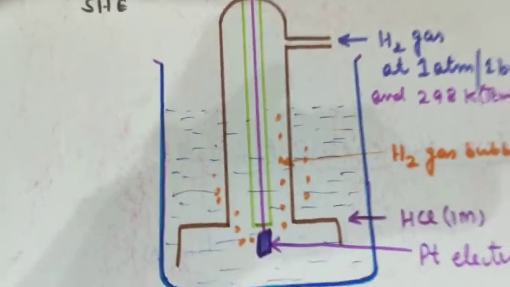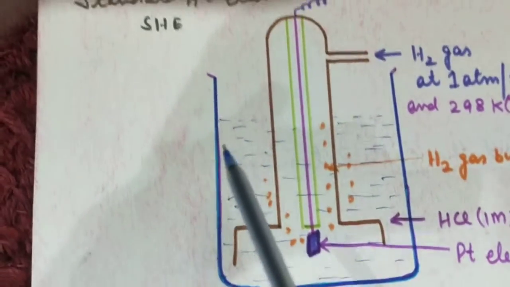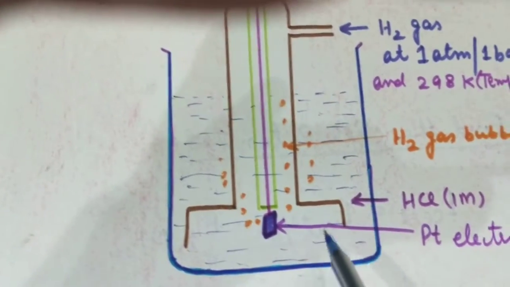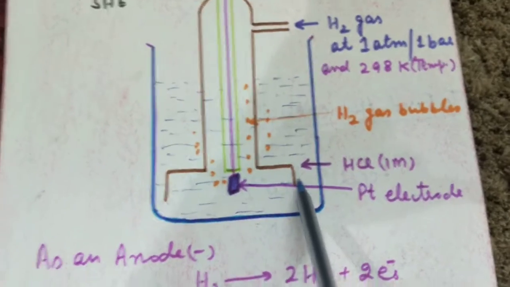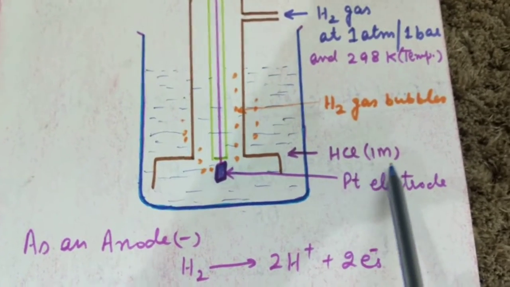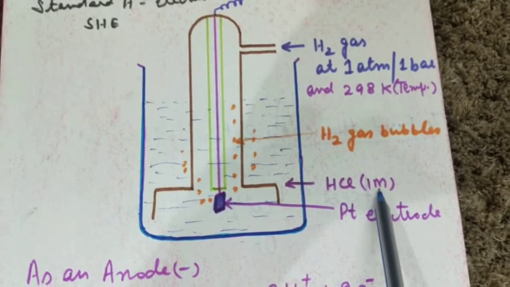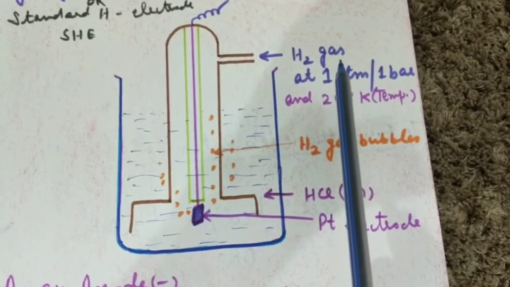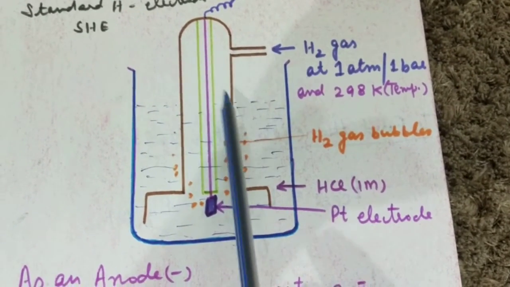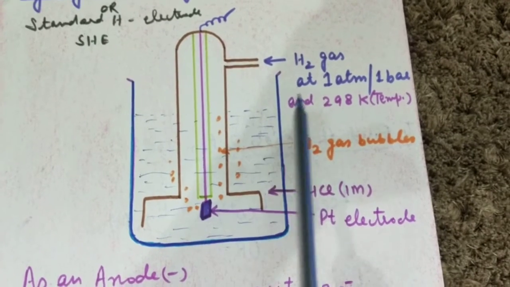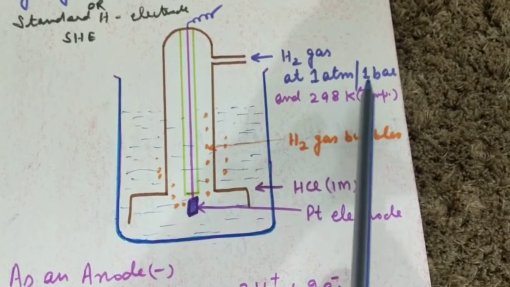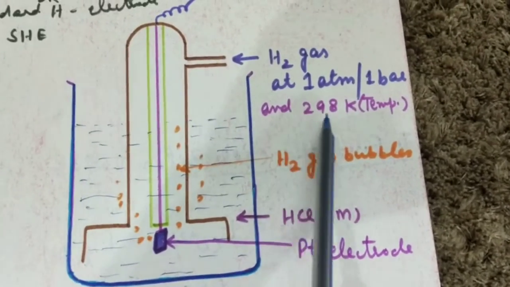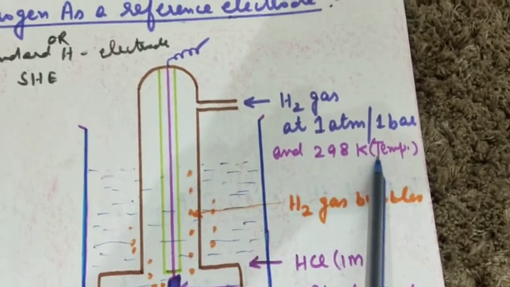Now this hydrogen electrode can be made. There is a container containing HCl solution at 1 molar concentration, and hydrogen gas is bubbled through this solution at 1 atmosphere pressure or 1 bar pressure at a temperature of 298 Kelvin, that is at standard conditions.